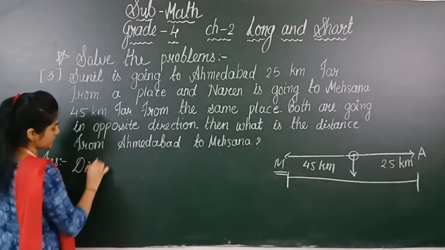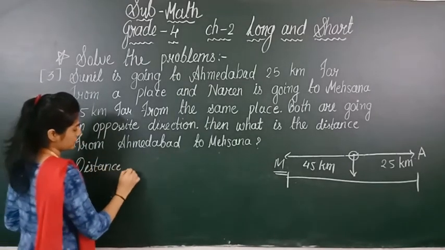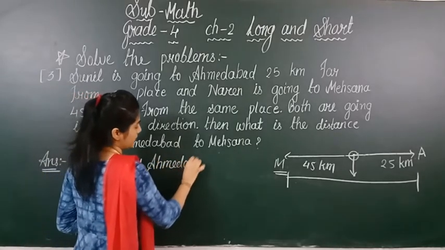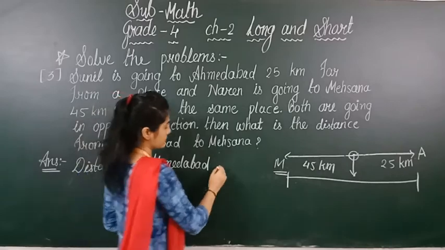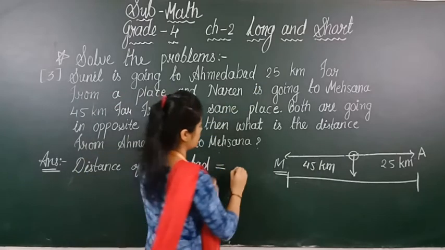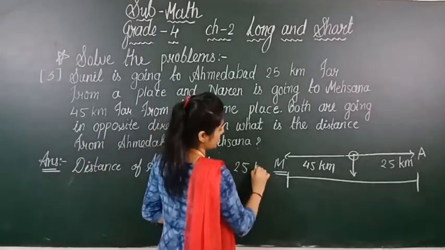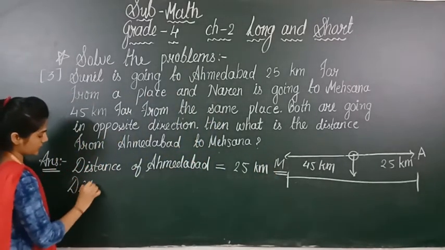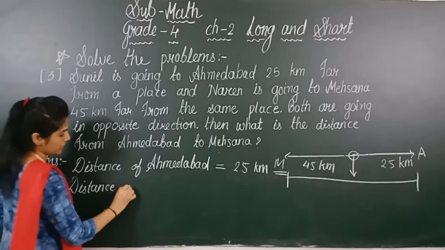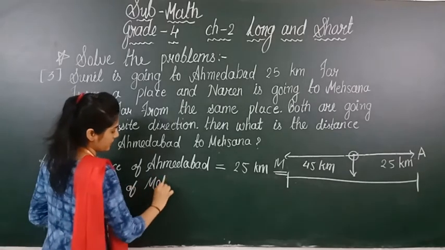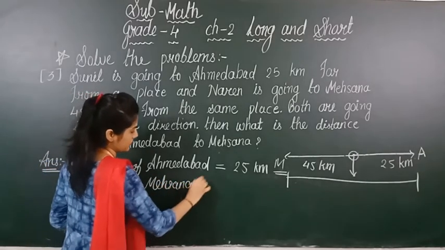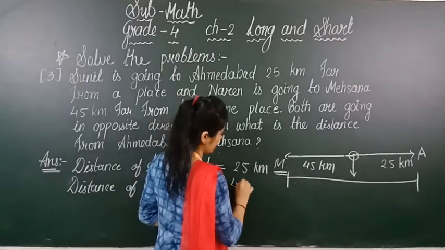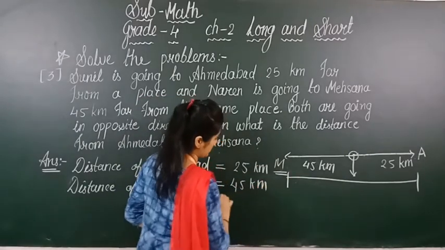The distance of Ahmedabad we have is 25 kilometer. The distance of Mehsana is 45 kilometer.